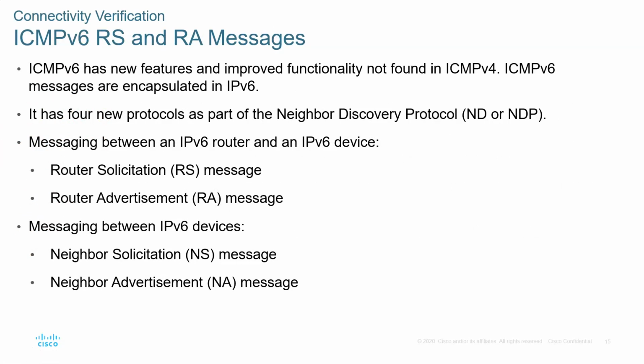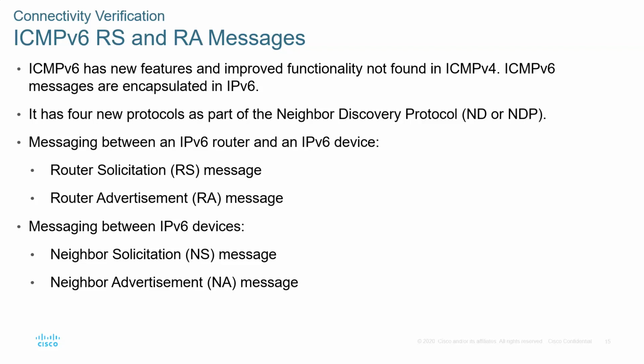ICMPv4, ICMPv6, actually, also write this down, by the way, before I forget. ICMP version 6, that's for IPv6, has improved functionality over version 4. It uses four new protocols as part of the neighbor discovery protocol. With router solicitation, your device will use an RS message to request, for example, the network portion of the IP address.